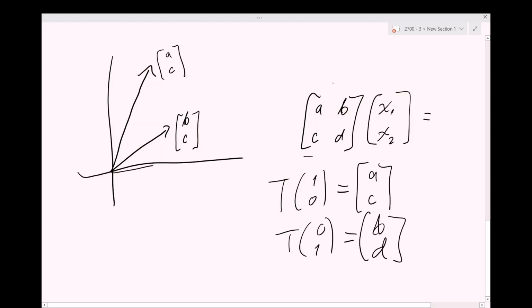In other words, my original unit square with those two coordinate vectors, this one's getting sent up here and this one's getting sent down here. So what that tells us is that the order of them, if I go around clockwise, got swapped. There was a switch.